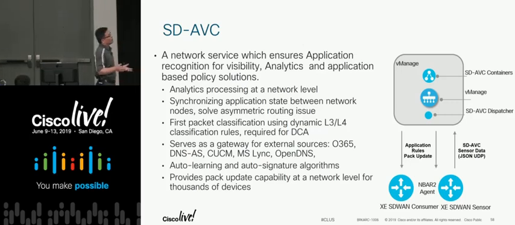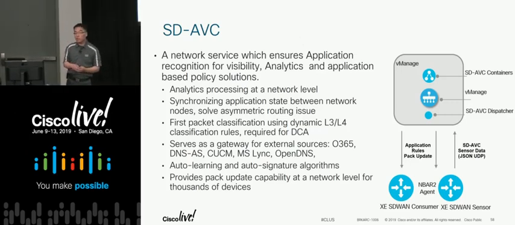It can solve problems like asymmetric routing, which is a pain point for any DPI engine as a standalone device. Because for DPI to identify the application properly, it needs to see the bidirectional transaction of that application. But in the SD-WAN deployment, it's common that the outgoing traffic goes out your MPLS circuit, but the incoming traffic can come back from the internet circuit and hit the other SD-WAN router for that site.